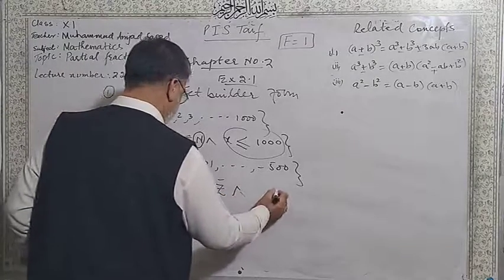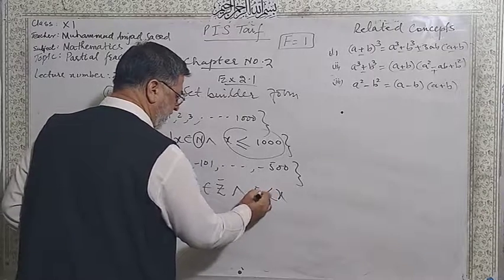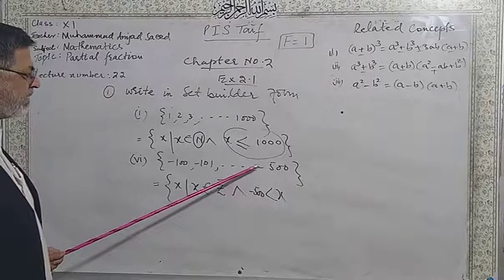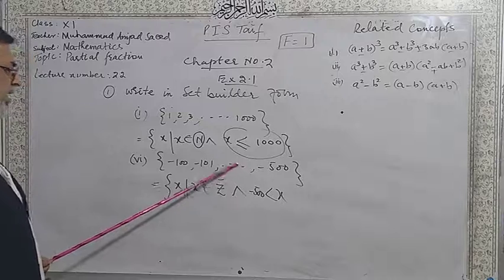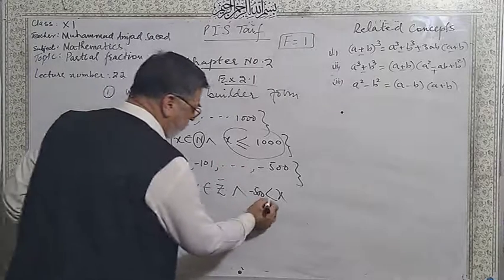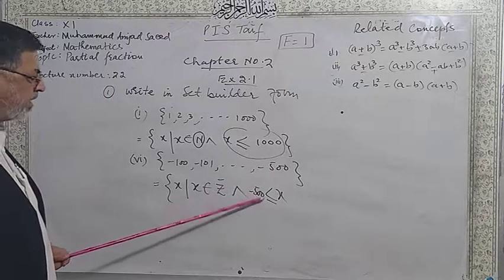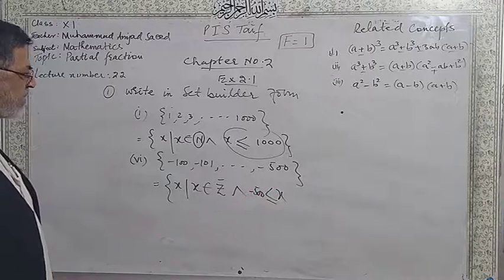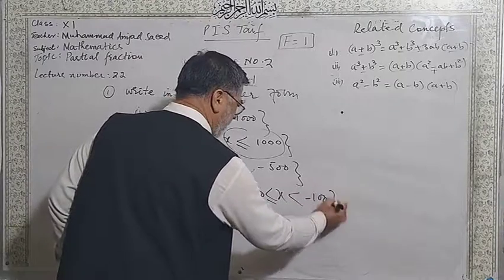And x is greater than minus 500. When we say x greater than minus 500, it will be minus 499, minus 498 up to so on here. And when we put the equal sign, minus 500 is included now. x is greater than or equal to minus 500 and less than minus 100.